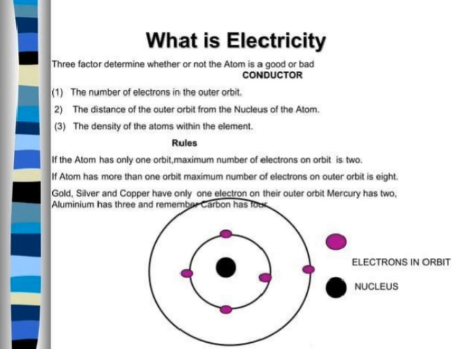And if the atom has more than one orbit, the maximum number of electrons in the outer orbit is 8. Good conductors like gold, silver, and copper have only one electron on their outer orbit. Mercury has 2, aluminum has 3, and carbon has 4.